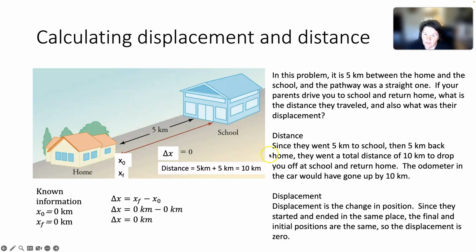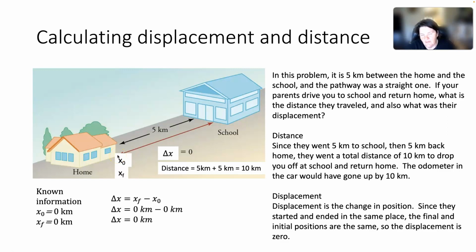For displacement, you want your final position minus your initial position. Well, their initial position was home, and their final position was also home. So if you consider home to be 0, then 0 minus 0 is 0. So they actually have no displacement. They started and ended in the same place.